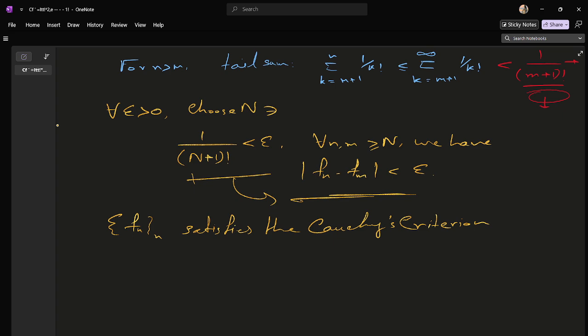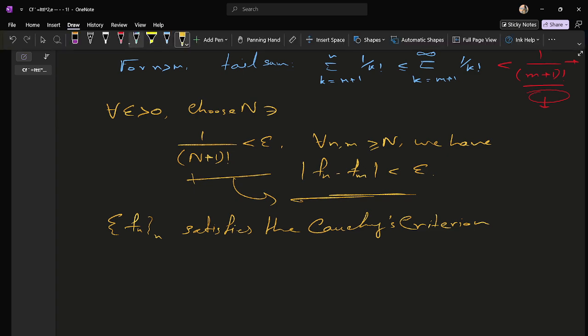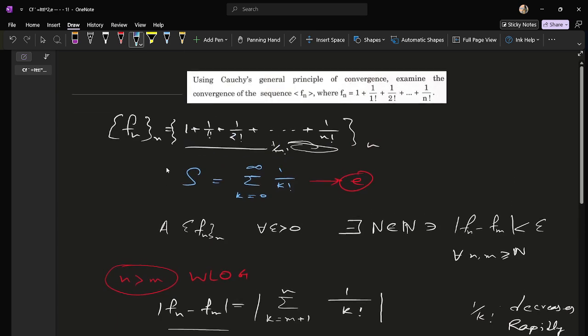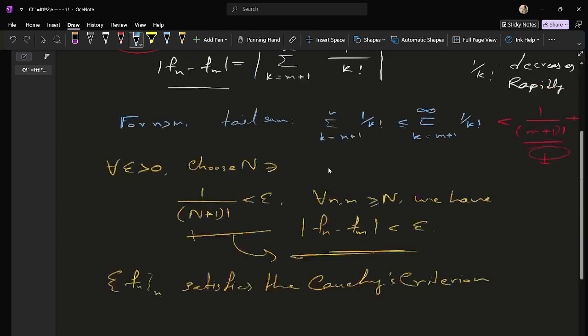In fact, the limit of the sequence, as we have written, goes to e.